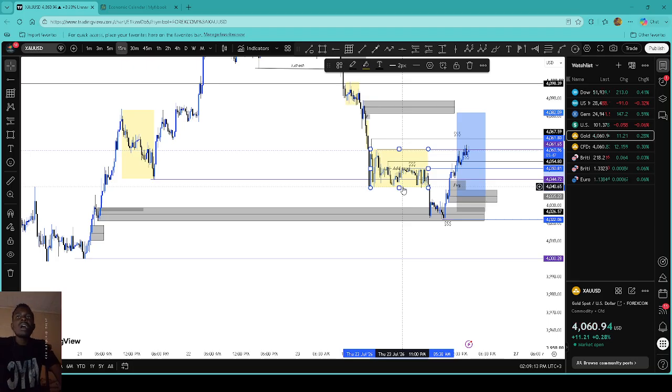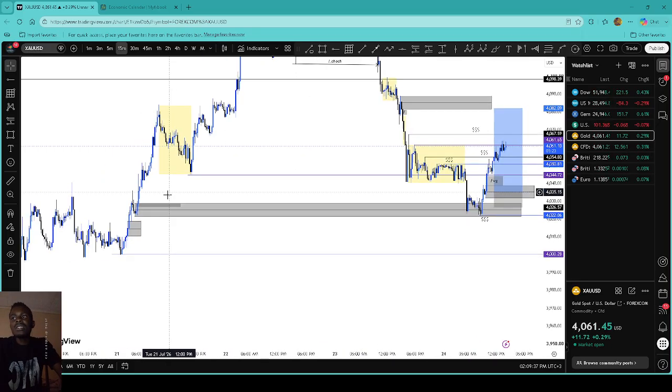Price gives the fake out and then drops massively, taking out the stop losses and coming into this order block. This order block is where institutions take their orders from and take buys towards the upside. I want you to notice one thing.